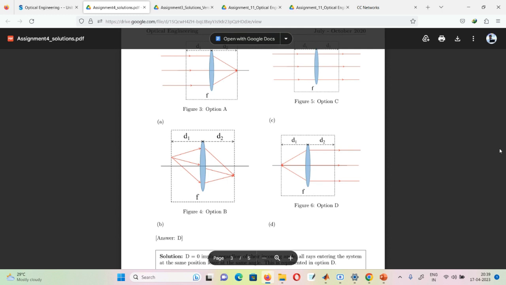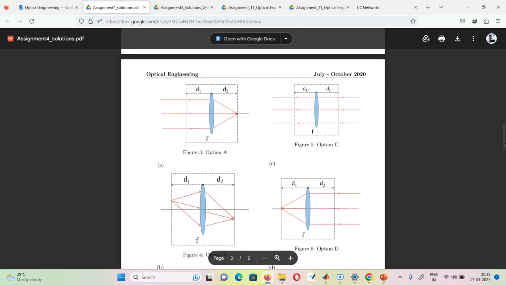Mirror also is good, but translation, refraction through a curved surface, refraction through a lens, these four things, if you go through them, you can get the idea of these things. It is a little bit involved thing. It's better you spend some time on this one, that will be good.